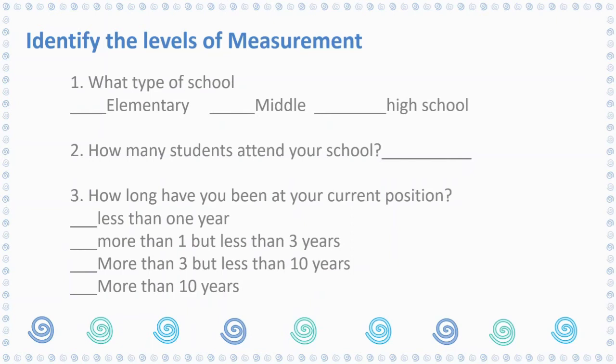It's a fill in the choice, so somebody's going to write down 2,000, 1,200, something like that. Somebody's going to write down 35,000, however many students attend the school. That would be an interval ratio. So did you get it? Believe me, we're going to do this more. Don't worry if you didn't.